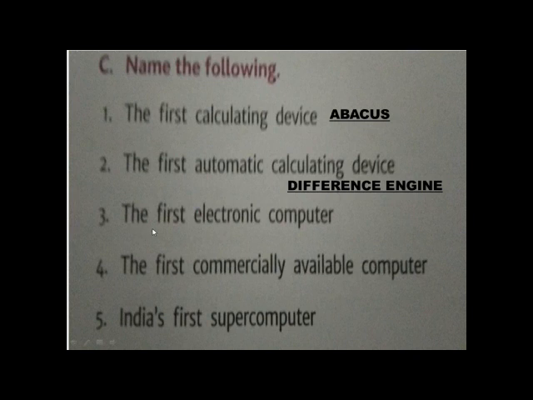Third one, the first electronic computer. Very simple. Answer is ENIAC. Fourth one, the first commercially available computer, that is UNIVAC. Fifth one, India's first supercomputer. Which is that? Yes, Param 8000.